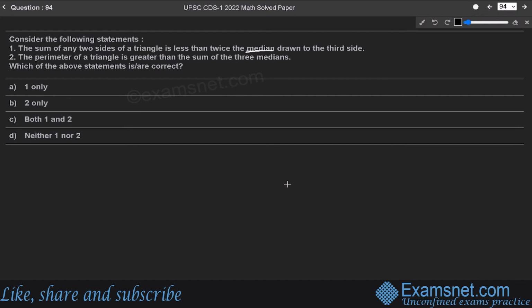So first let us make the required diagram for statement 1. The required diagram will be this. According to the first statement, this is the diagram. Let us name it A, B, C, D and E. You can see that both these angles are vertically opposite angles, which is angle ADB and CDE.